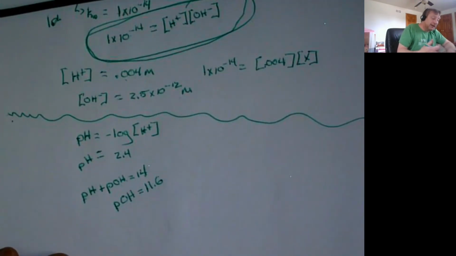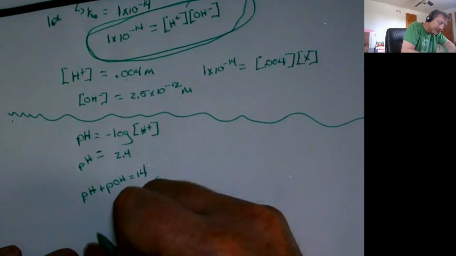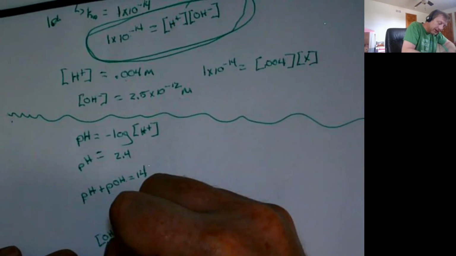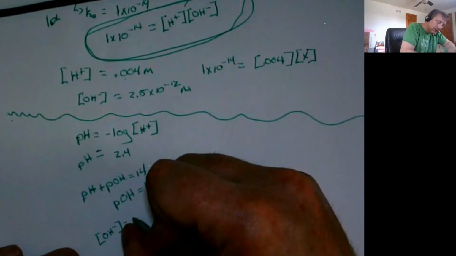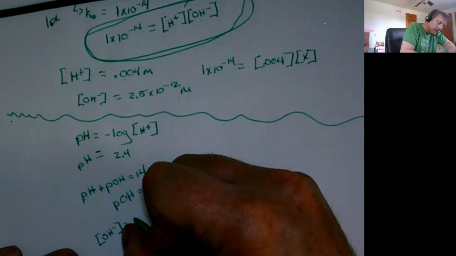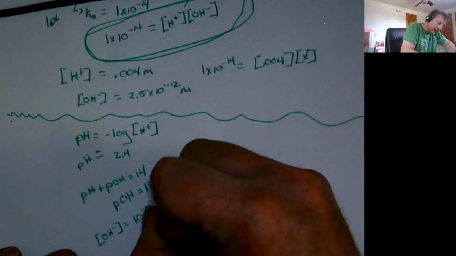Now that we have pOH, we've got another useful formula that says the concentration of the hydroxide ion is equal to 10 to the negative pOH.